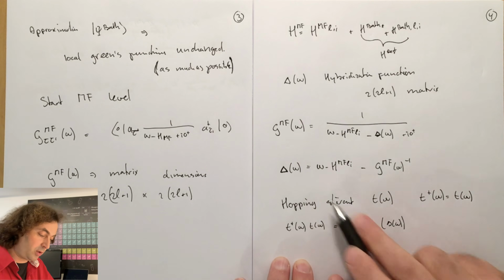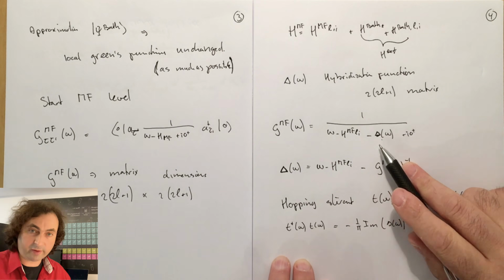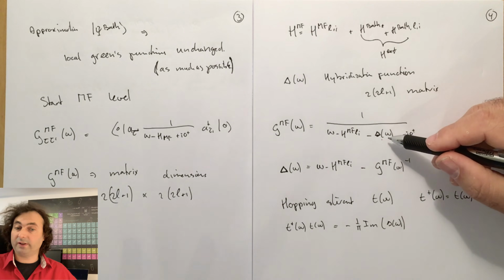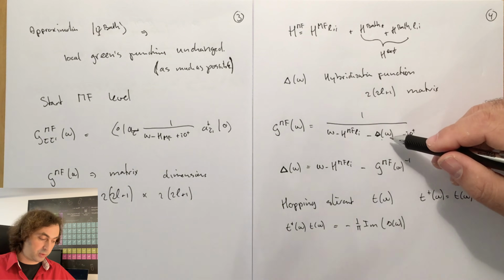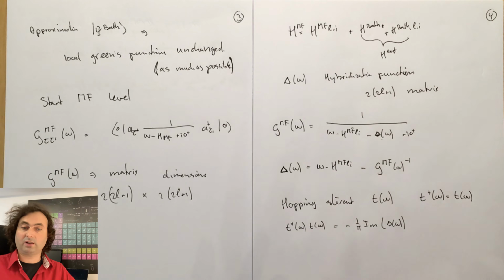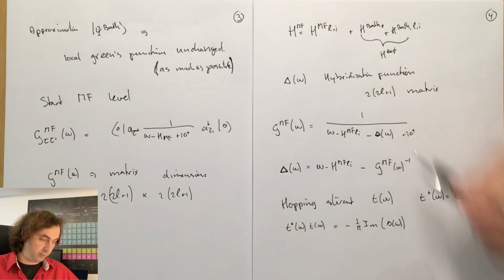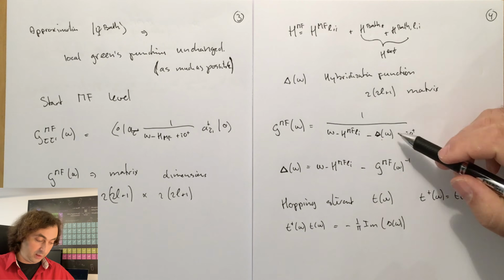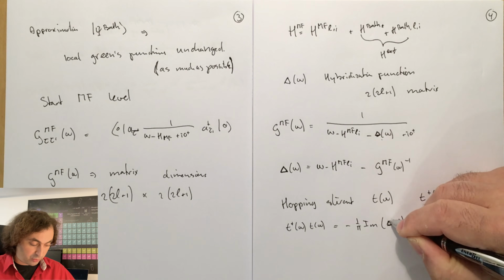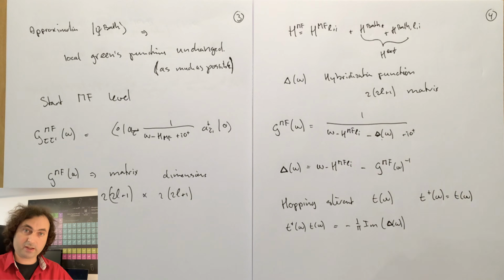So the hybridization function is some sort of self-energy, how the rest of the system changes your local states. Therefore, it is related to a Green's function, a response function, or parts of the response function, how your local state responds to the interaction that you have with the neighbors. Therefore, if we take the imaginary part, that becomes some form of density of states.